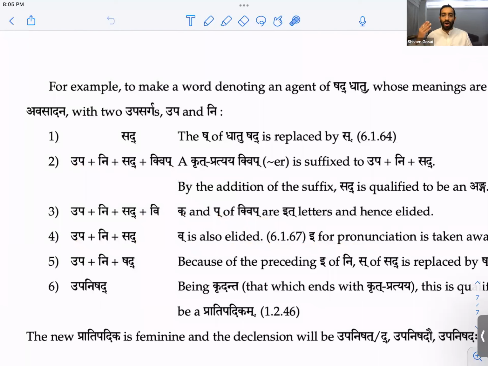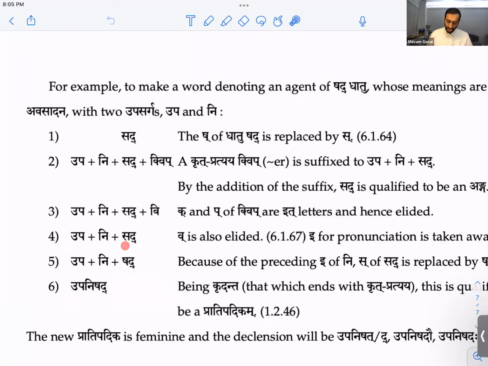So then you might ask, why add it in the first place? It's because now it's given the kartari sense, but it's not there anymore. So now I have the word Upanisad.